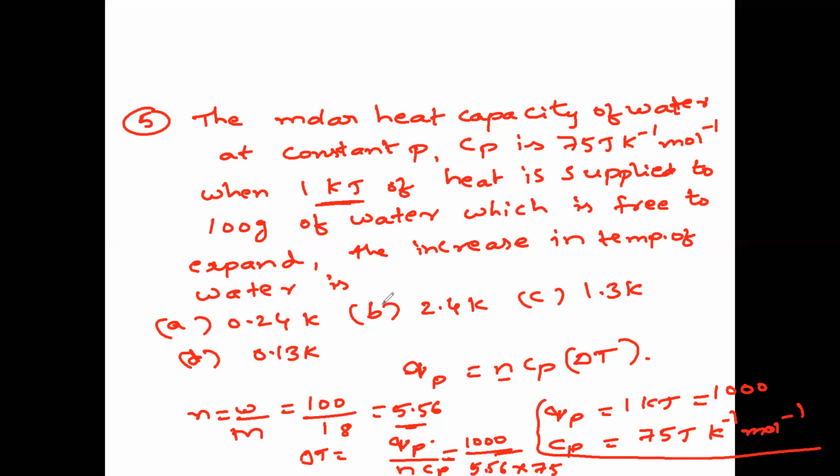So the answer is 2.4. So delta T is equal to 1000 divided by 419.7, which is equal to 2.4.